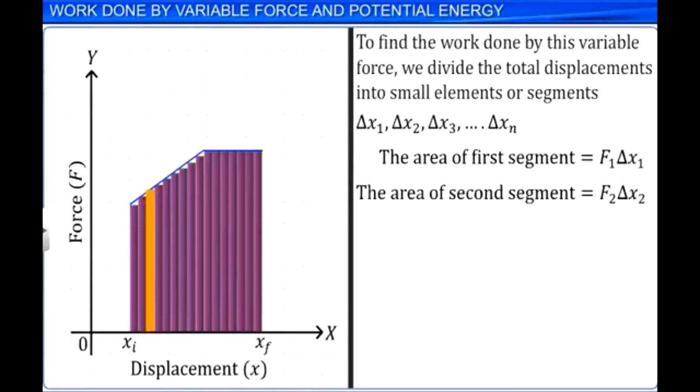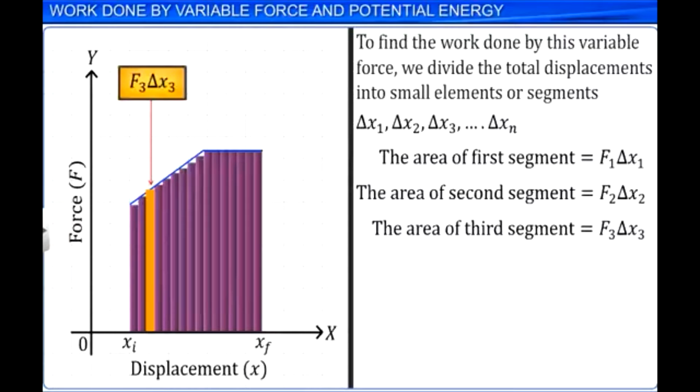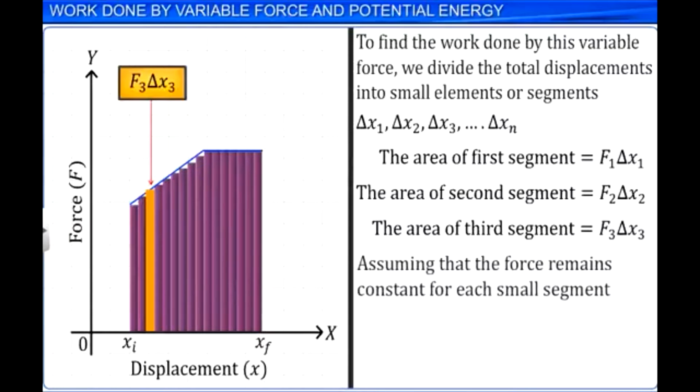For the third segment, delta x3, work done is the area of the third segment, that is, F3 into delta x3, and so on. Here, we assume that the force remains constant for each small segment.